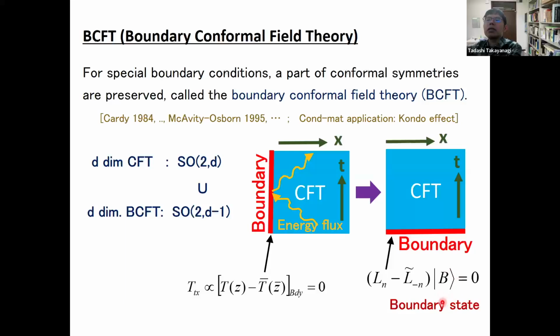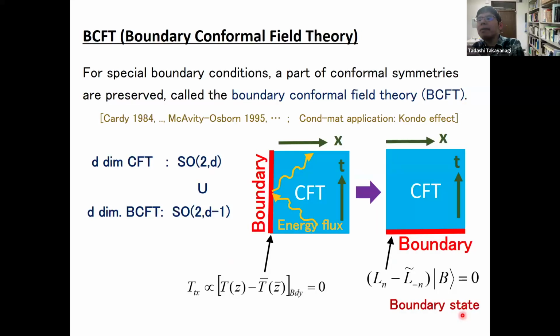This means the state preserves the symmetry. I'm talking about two dimensions, in two-dimensional CFT language, which is quite general. Originally SO(2,2) symmetry is there, two SL(2,R) symmetries, but only one linear combination of them is preserved in the presence of a boundary.